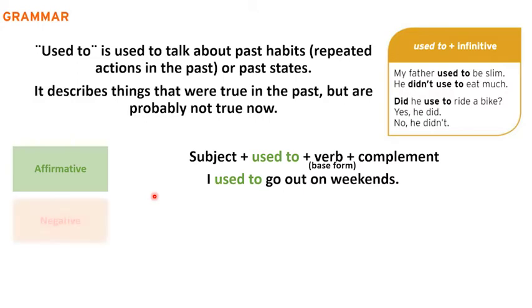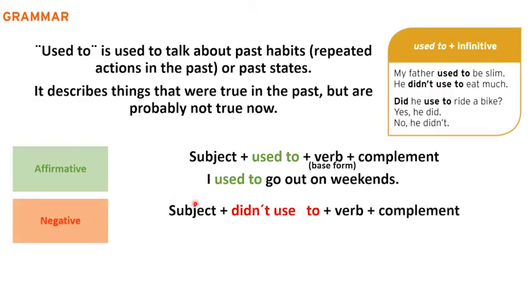Now, in negative, you need to pay attention, because when you say used to in negative, you must write the word didn't, but you're going to say used to without the D. As you can see here, we have the letter D in affirmative, but here we don't have the letter D. Why not? Because didn't is already making the function of past tense, so we cannot write used in past tense again.